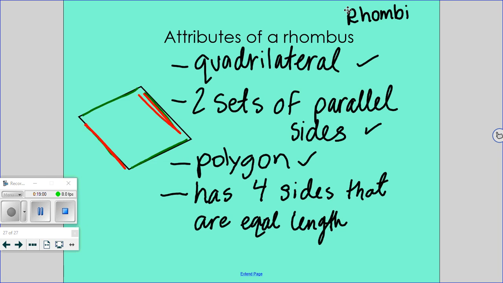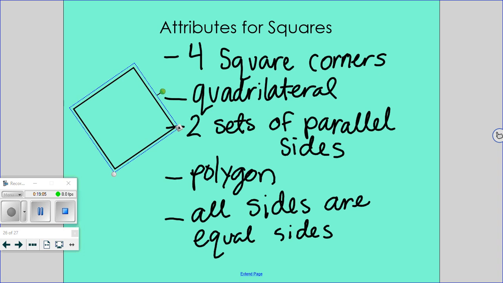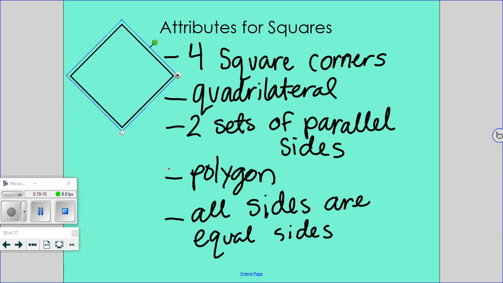A lot of you talked about a diamond earlier. I imagine most of your diamonds look like this. Earlier I told you a diamond's not a shape. Why is a diamond not a shape? Lily? Because it's always going to be a rhombus in any way it's turned. What is this? No, it's not a rhombus, it's a square. A diamond is not a shape because what you guys think of as a diamond is really just a sideways square.